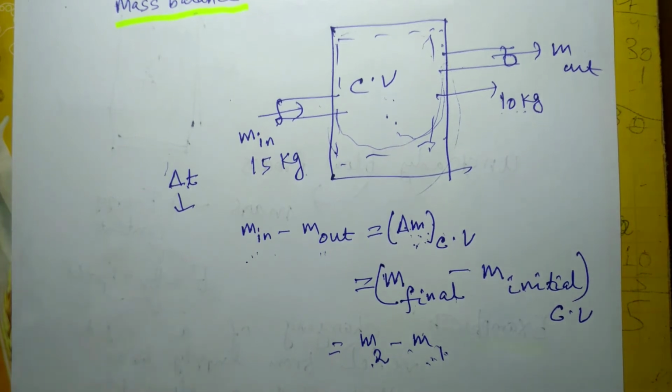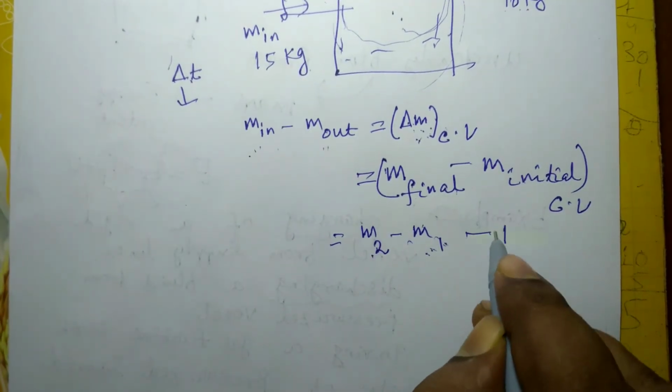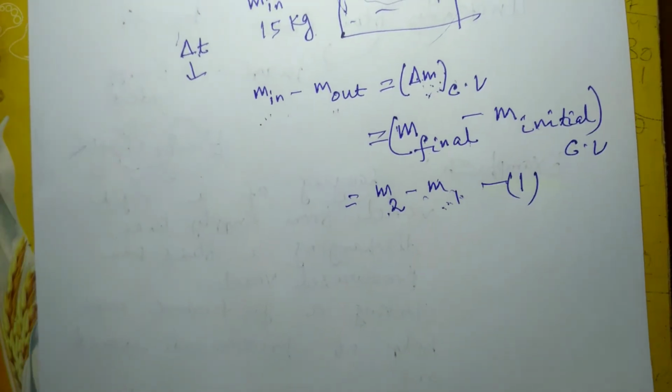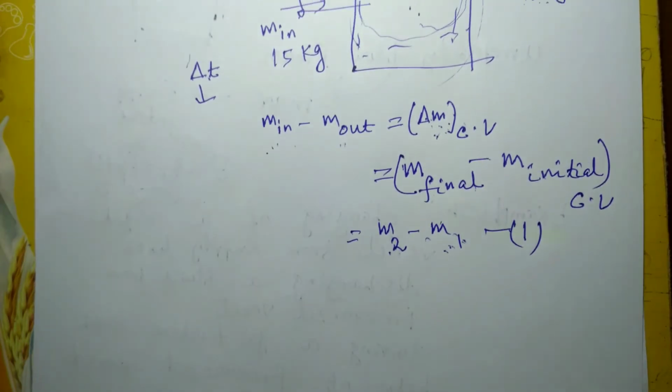And in this equation, suppose I call this equation 1, during the analysis sometimes one or more terms can be 0.